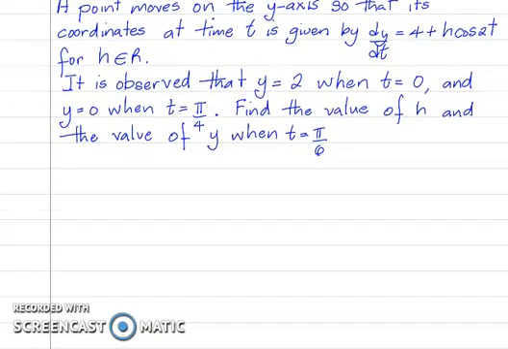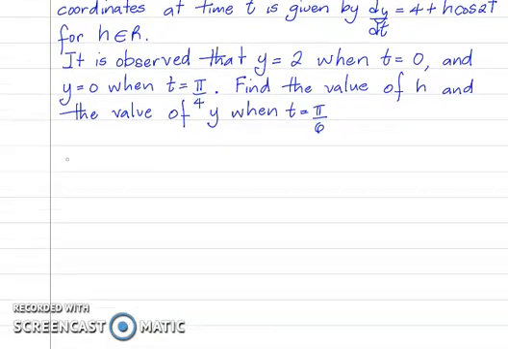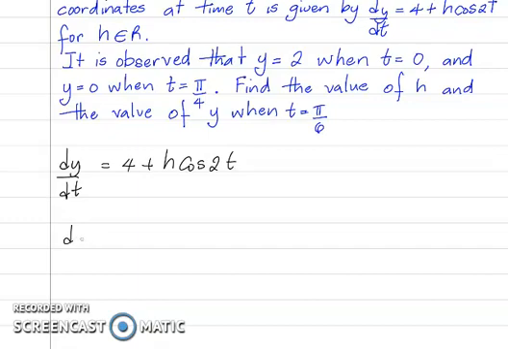So let's begin. We can start out by saying that dy by dt is equal to 4 plus h cos 2t. Then we can have dy is equal to 4 plus h cos 2t dt.